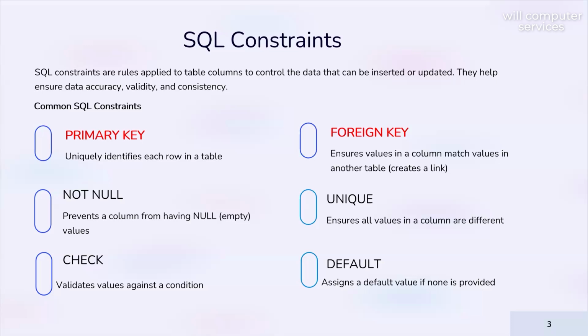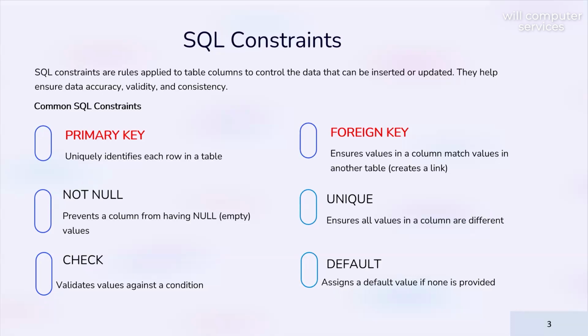So here, the main SQL constraints you have to know are primary key and foreign key. Other than that, you have the not null constraint, which prevents a column from having null values. The unique constraint ensures all values in a column are different.